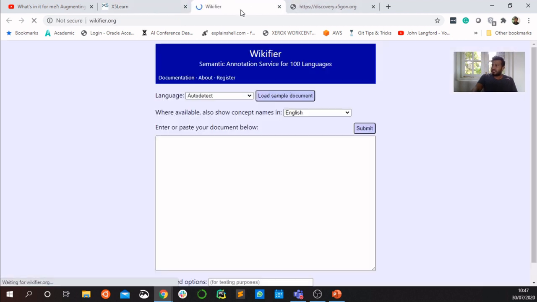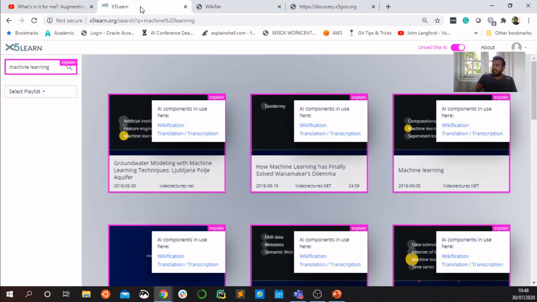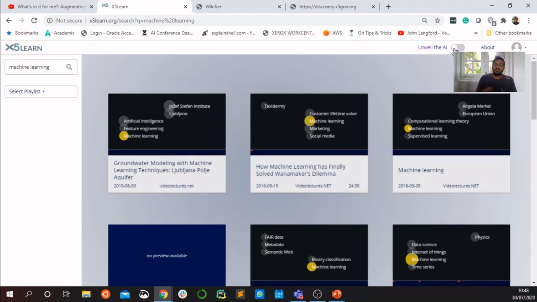So Wikification, for example, provides you a demonstration where you can try Wikification in action for any text that you prefer. So this way we are incorporating different functions in our system to improve transparency, explainability, and scrutability of the system.